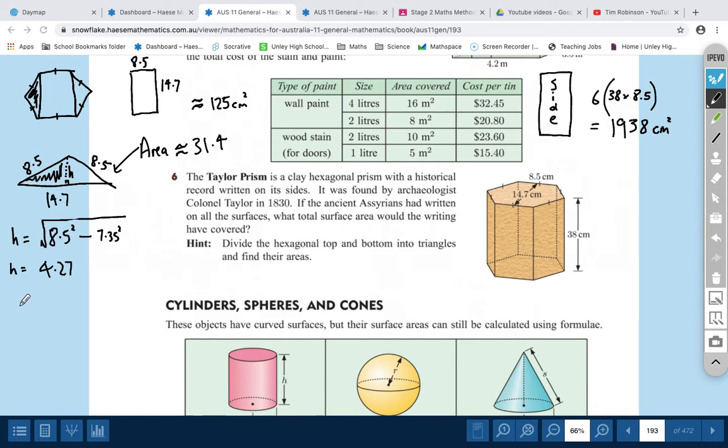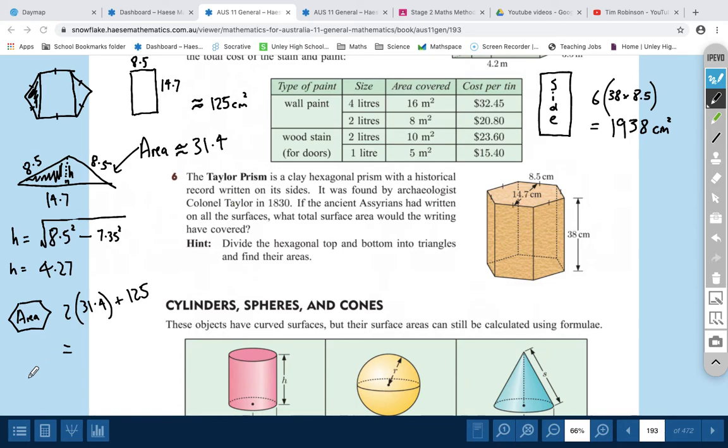So the hexagon area is two triangles, two 31.4s, plus that rectangle, 125, and that all comes to what?